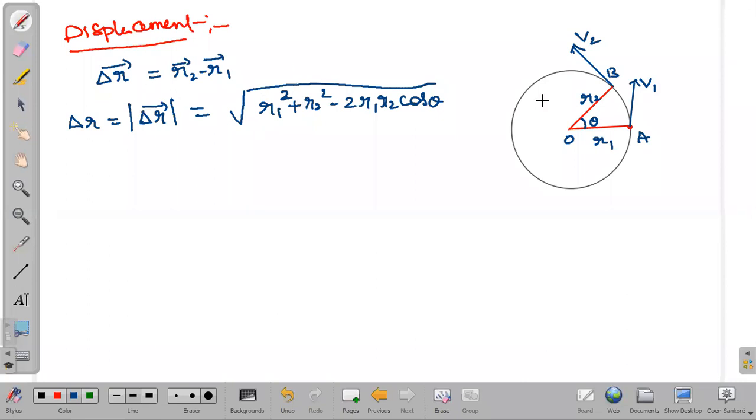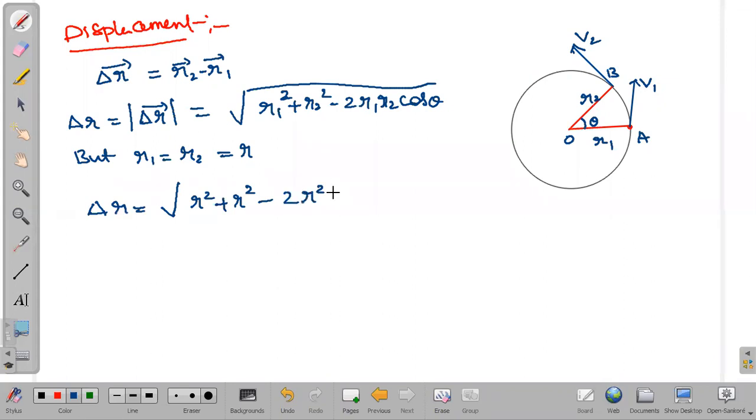But for the path we have taken, it is a circular path, so r1 and r2 will be the same. Why I have taken them differently here is that to apply vector notation it is easy to write this way. Actually r1 is equal to r2 in magnitude, so both I am taking as r. Now if I write the delta r value, what do we get? r square plus r square minus 2r into r, that is 2r square cos theta.